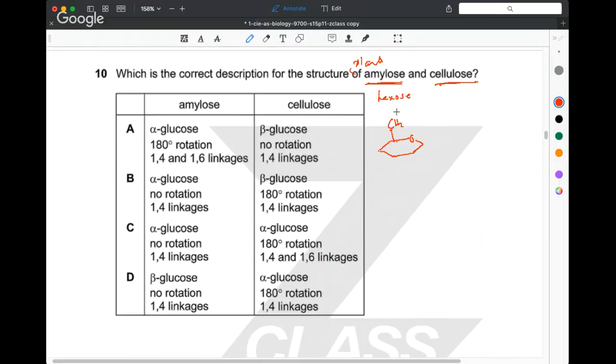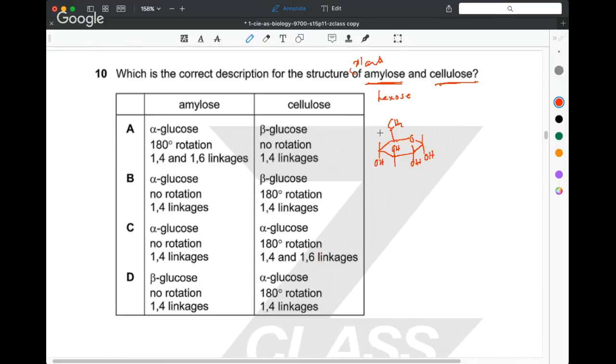It's a hexose. And when you have alpha glucose, the alcohol group there, the OH group, is pointing downwards like that. And the other groups, as you go around the glucose molecule, that's on carbon number 2, that's on carbon number 3, this is carbon number 4 over here.